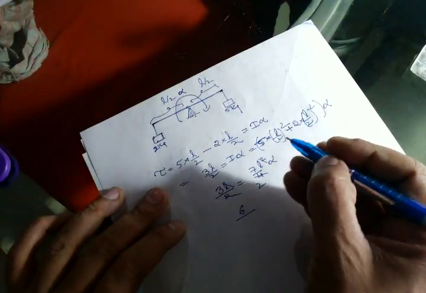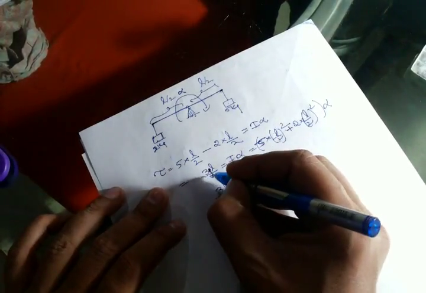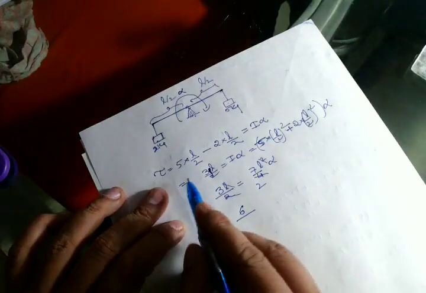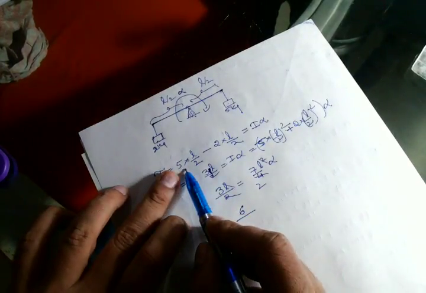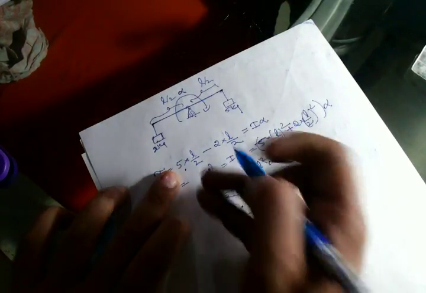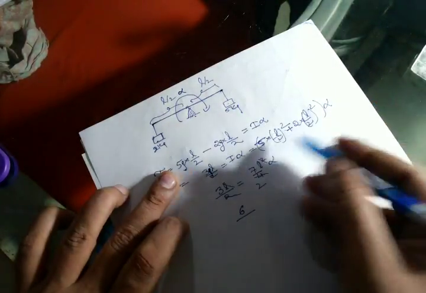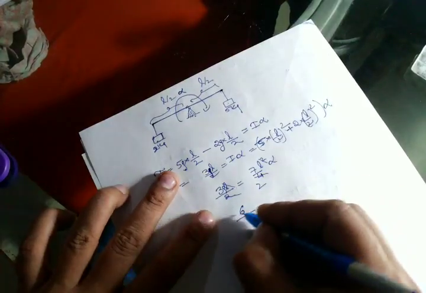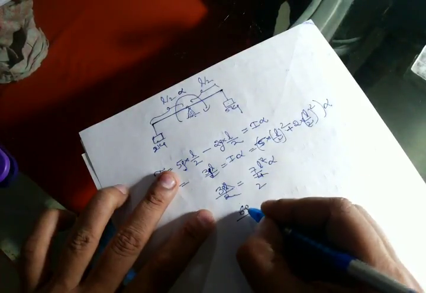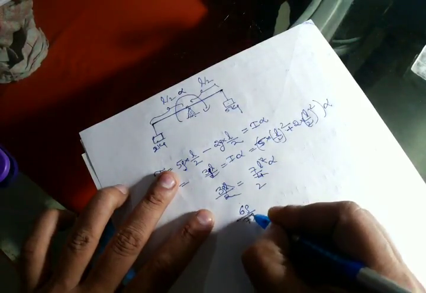So we have to put g also. 5g, 2g, I alpha g. So alpha is 6g over 7L.